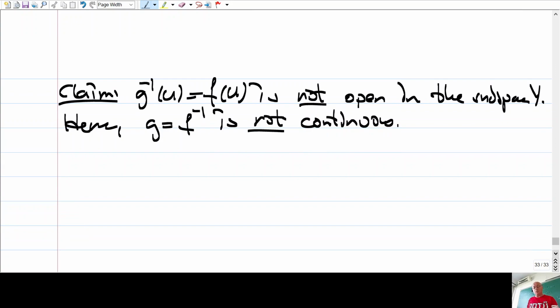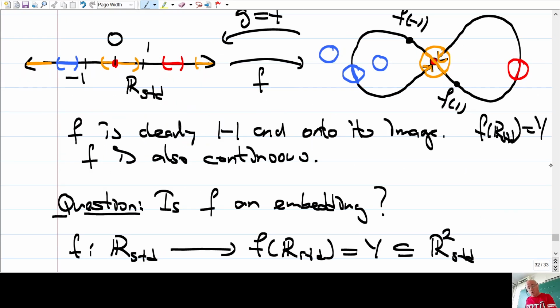However, we can do the following. Let me write as a remark. I have this one-to-one bijection, right? There is this bijection F, and it is continuous. It is maybe not a homeomorphism, but it is continuous.